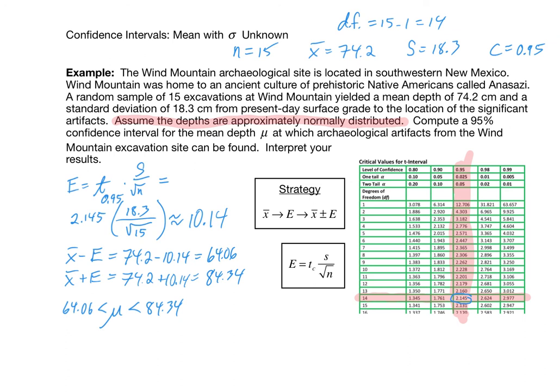And as always, we're not simply just writing the confidence interval, we need to interpret our results. So we did all this under the assumption that we want 95% confidence.